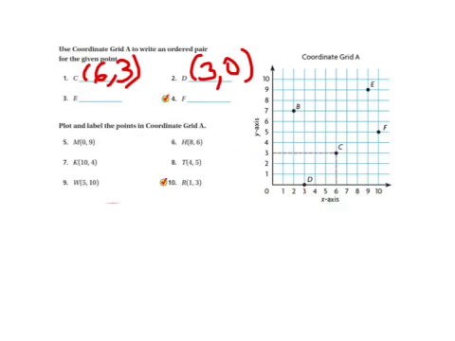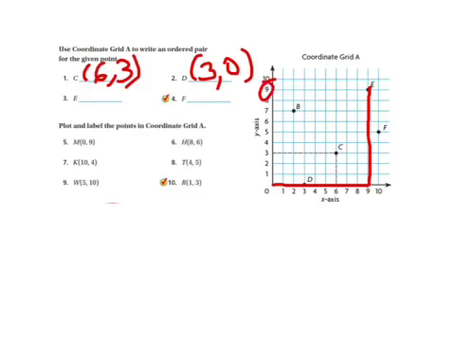Letter E, which is right here. We go over 9, so the x-coordinate is 9, because we are traveling 9 places, and then we go up the y-axis also 9 times.